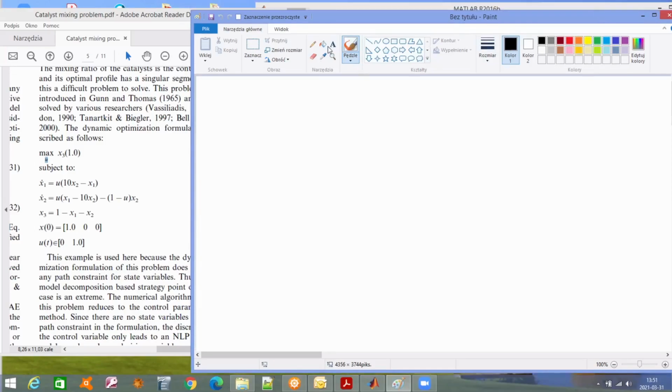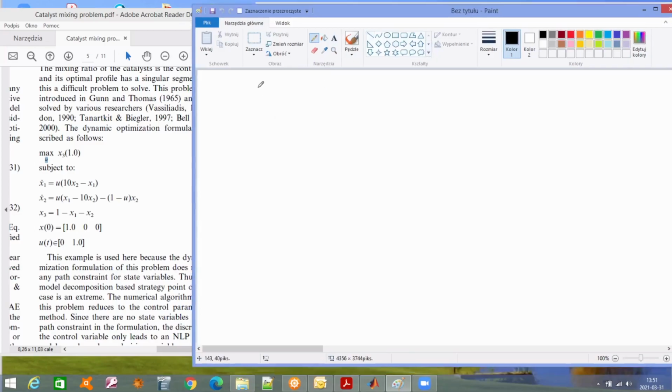So I would like to do with you a short project of your program in MATLAB. So now we start with a function, a general function.